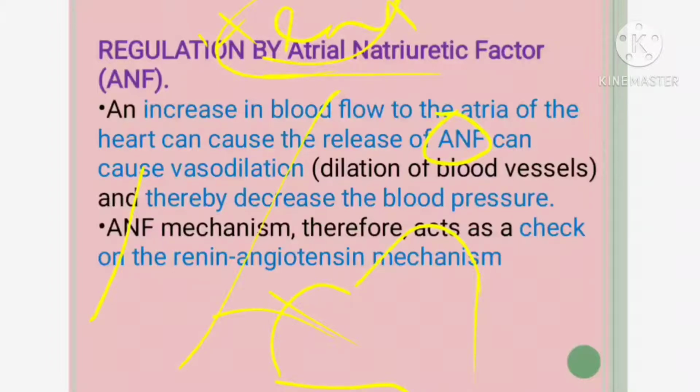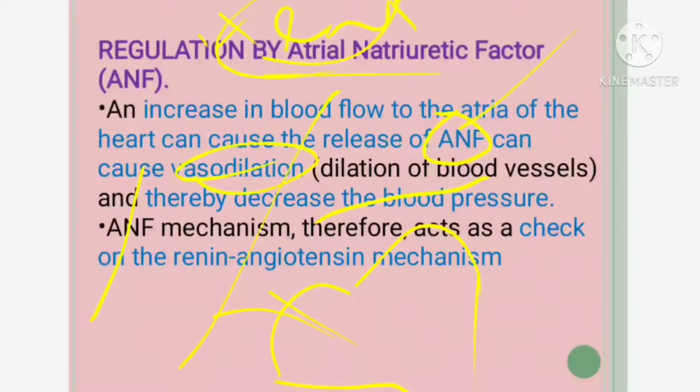If it is vasoconstricted for long, then it can affect the internal organs. So it has to be dilated and brought back to normal. For that, who is playing a major role? Atrial natriuretic factor is playing a major role. They are causing vasodilation, that is dilation of the blood vessels. Okay. So when the blood vessels are dilated, automatically it will decrease the blood pressure. The blood pressure is coming down.